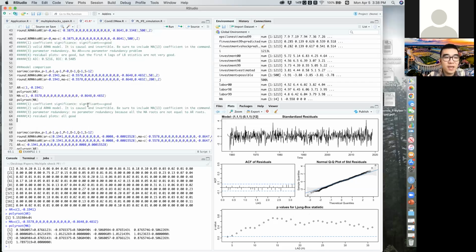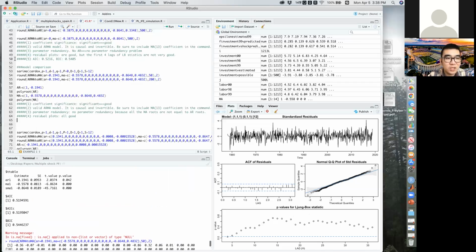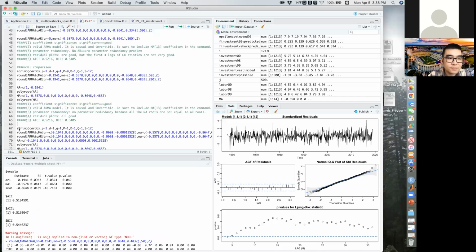Okay, and finally, let me write down the AIC and BIC here. 95, BIC 46. Okay, so you can see that the AIC for this model, model number 2, is smaller than the AIC for model number 1.